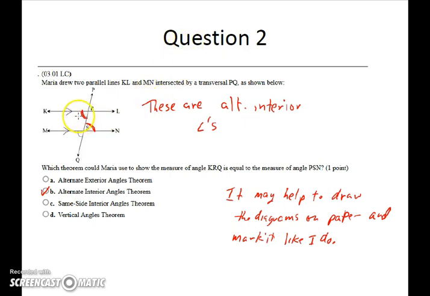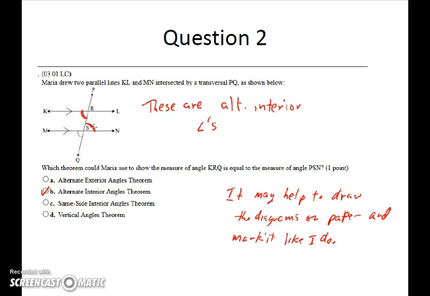If you draw these things out and make markings of the angles as they are written, KRQ is located here, and PSN is this angle. A lot of times it helps to draw the diagrams on paper and then mark it up, and then it might be easier for you to see what the angles actually look like.